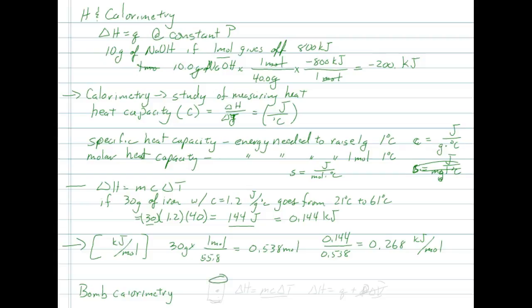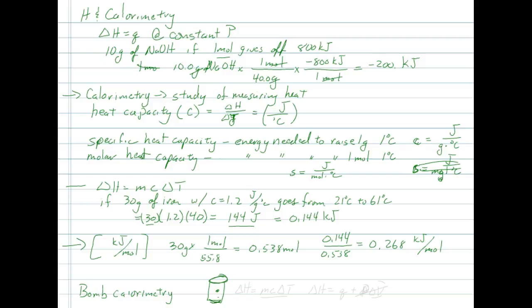It's in a sealed container, and they ignite the sample through electrical wires. So you push a button, and they measure how much the energy increased. It's pretty much exactly the same thing as styrofoam cup calorimetry that we've been doing. The math is the same, the concepts are the same, except you have a sealed container, so the gas produced does not change the volume, so there's no work being done.